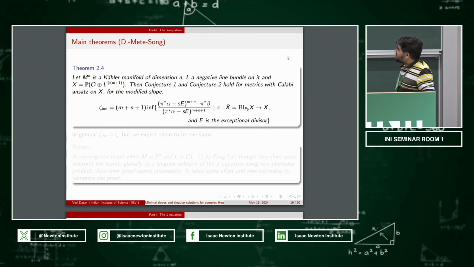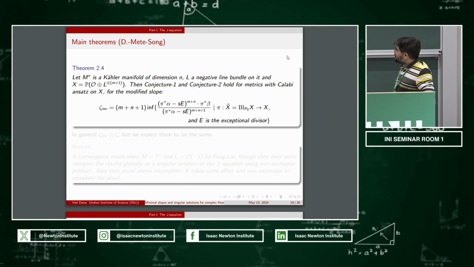Okay, so another theorem that we prove is the convergence of the J-flow on some projective bundles. In these projective bundles, it turns out that conjecture 1 and 2 hold for metrics with Calabi-Ansatz.